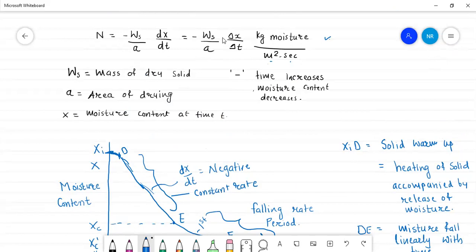Once we have the mass of solid, the area, x, and t, we can calculate the rate of drying at different times. We know the moisture content, the time, the area, and the weight of the solid, so once we put in all the values, we get a different rate of drying for each moisture content. Now we can plot another graph of rate of drying versus moisture content.